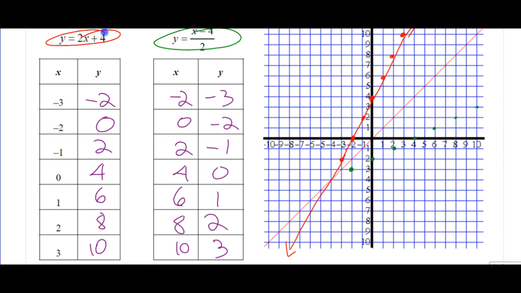And join those with a line, and continue the line. And there we go. Red line, green line.